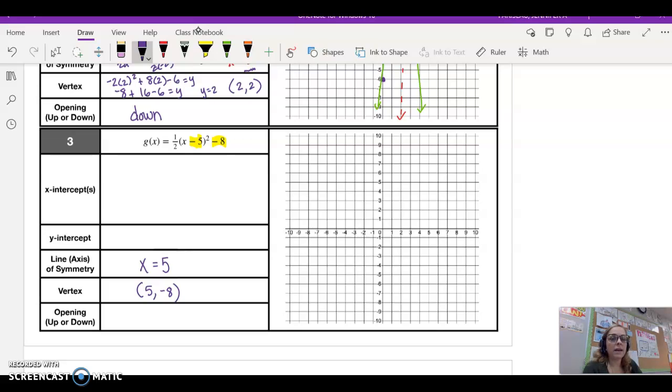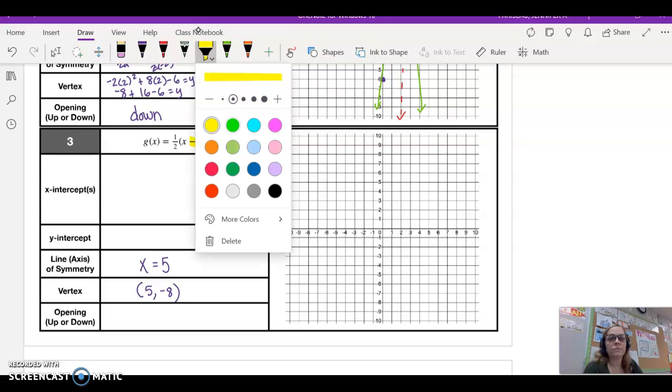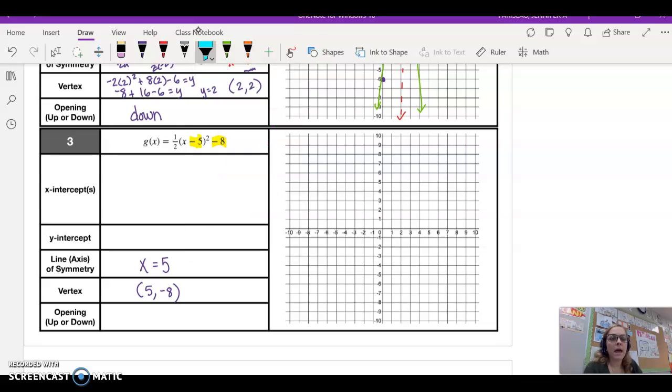The other thing that I can easily tell without having to rewrite or do anything just yet is whether it's opening up or down. Remember, we want to take a look at this first value here, our a value. If it's a positive a value, it's going to open up, and if it's negative, it's going to open down. In this case, it's a positive 1/2, so it's going to open up.